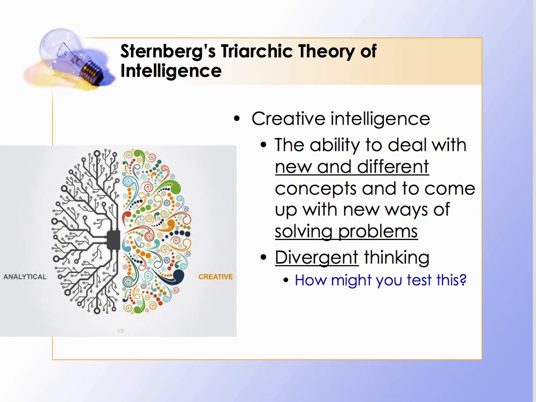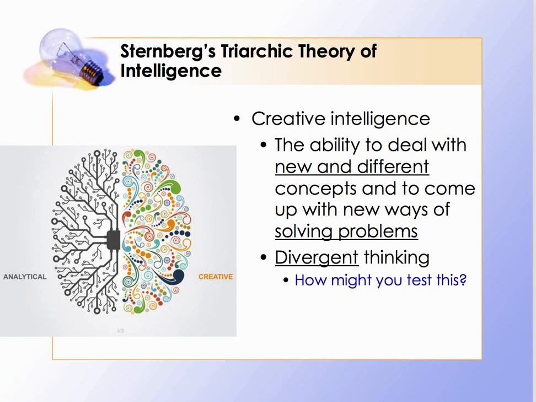The second aspect to intelligence for Sternberg's theory is creative intelligence. So here you see we're starting to expand from our kind of average typical view of what intelligence means, and we're getting more into the social aspect. So creative intelligence is the ability to deal with new and different concepts and to come up with new ways of solving problems.